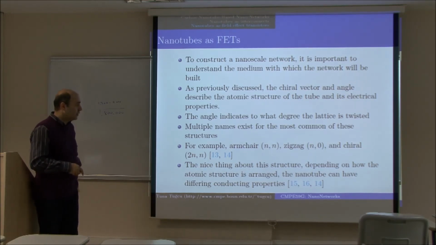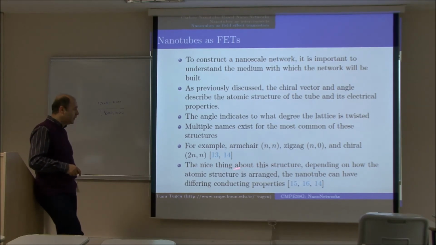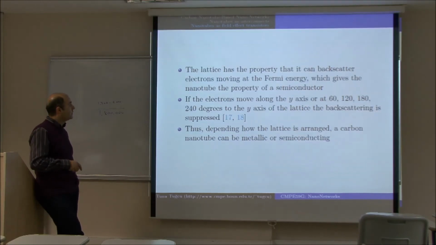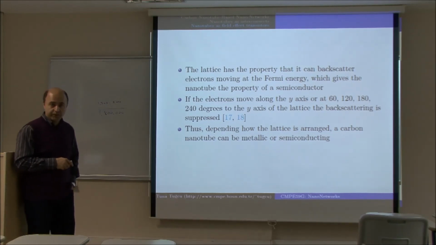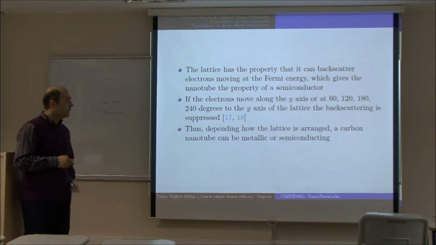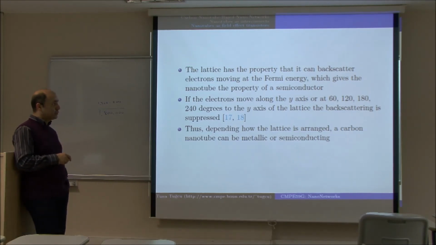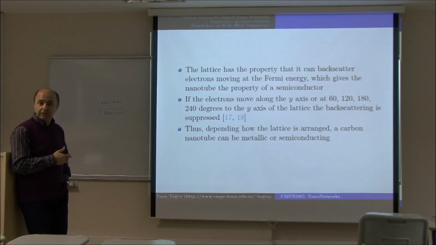The nice thing about this structure is that depending on how you roll it, the nanotube can have different conductive properties. The lattice of these carbons has the property that it can backscatter the electrons moving at the Fermi energy, which gives the nanotube the property of a semiconductor.